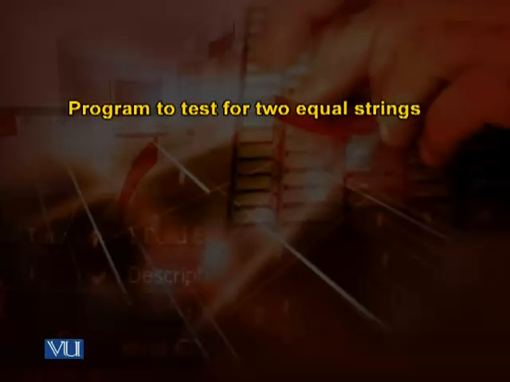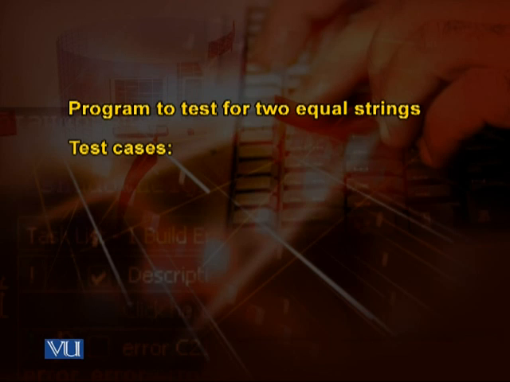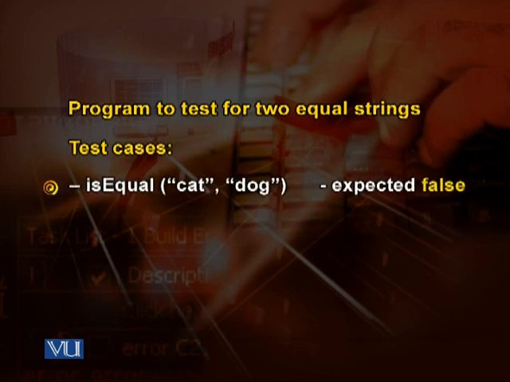Let us look at this very simple requirement. We want to write a program to test for the equality of two strings. Given two strings, this program would tell whether the two strings are equal or not equal. This is the program, and we have to write the test cases to test it. Let us first look at the test cases.